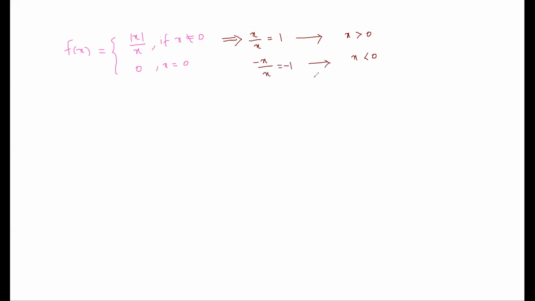So your function actually it is like this: f of x is equal to minus 1 if x is less than 0, equal to 0 if x is equal to 0, 1 if x is greater than 0. This is the real definition there.